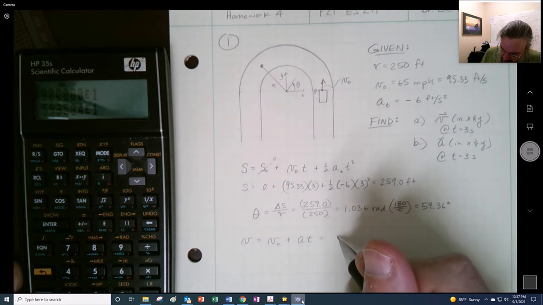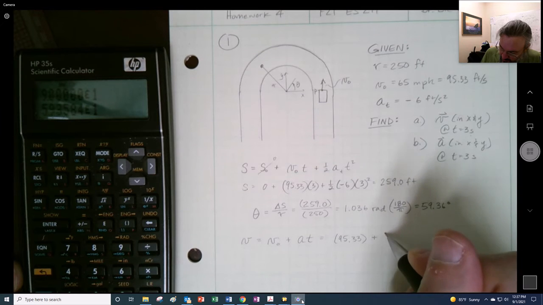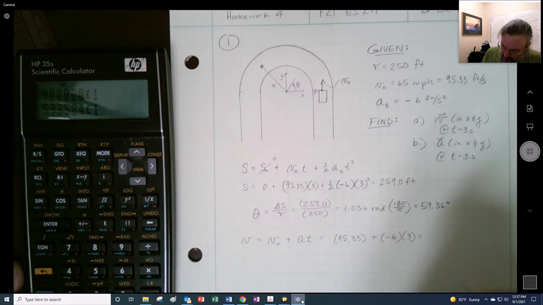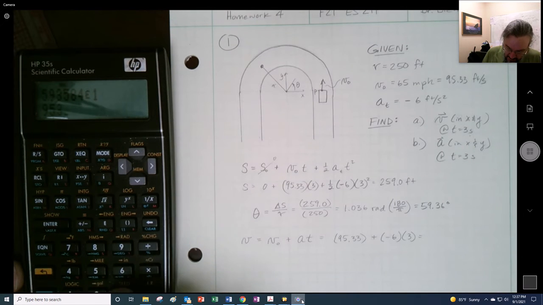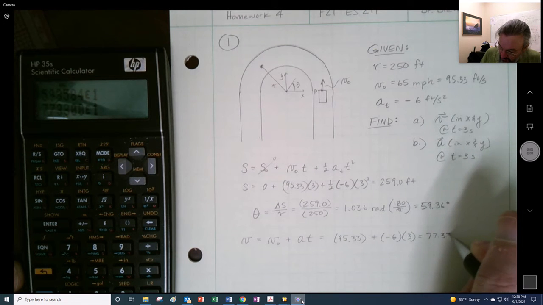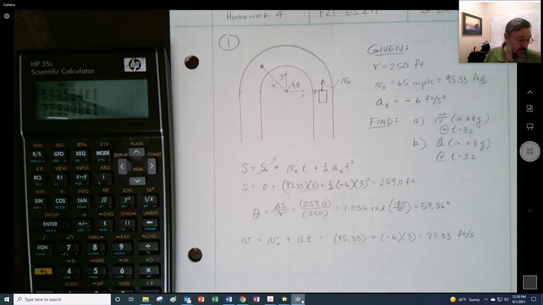So the original speed is 95.33, and we have a -6 times 3, so 95.33 minus 18 is going to be 77.33 feet per second.